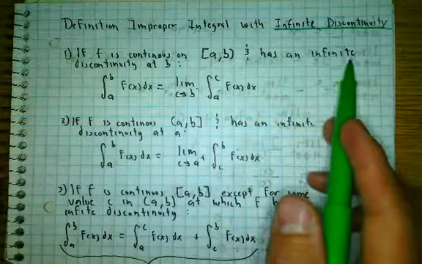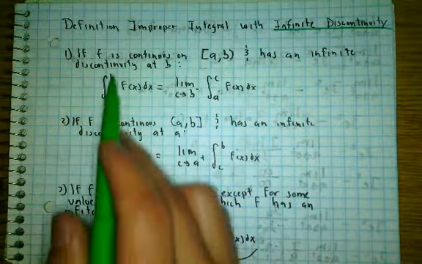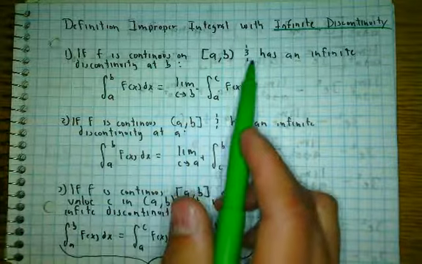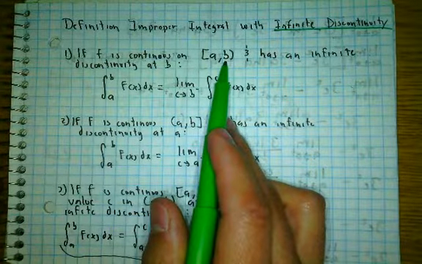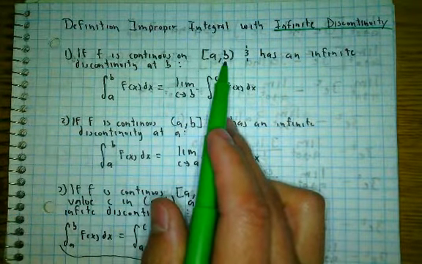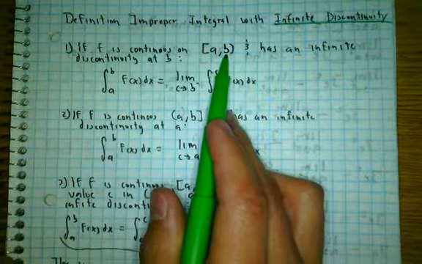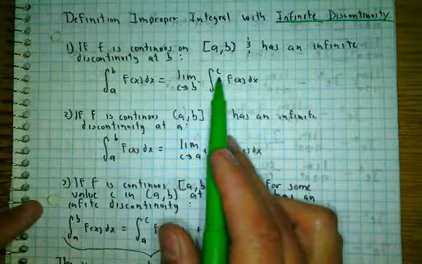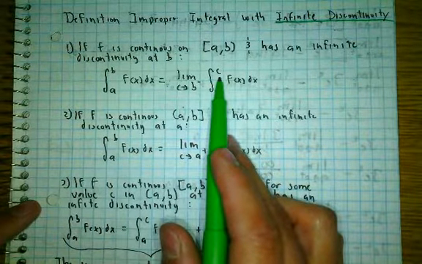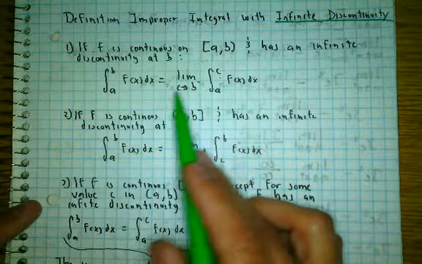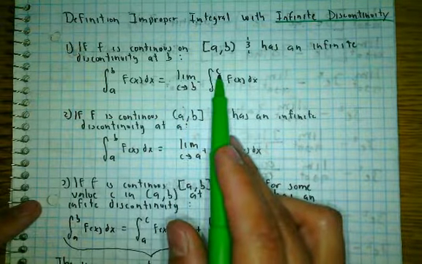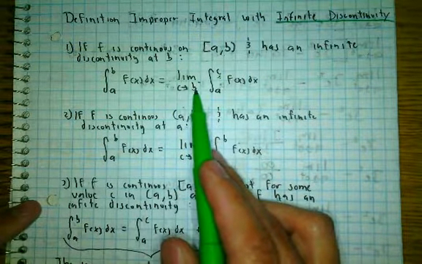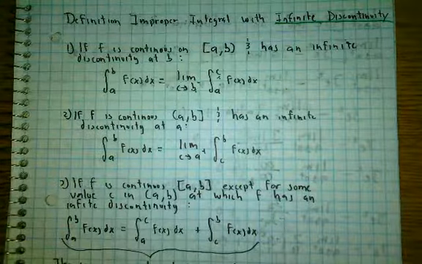You're going to have to realize, for example, on this one, that b is a problem. b is an asymptote. So we're going to substitute it with another variable. I'm going to choose c. But we're going to have to take the limit as that variable that we replaced it with, c, approaches b, but from the negative side.